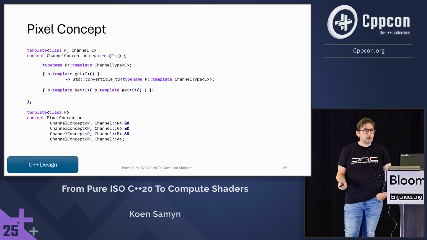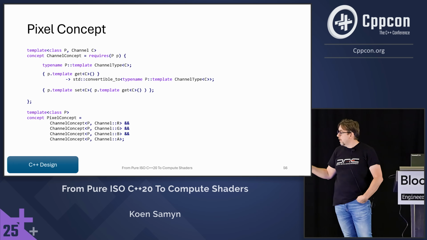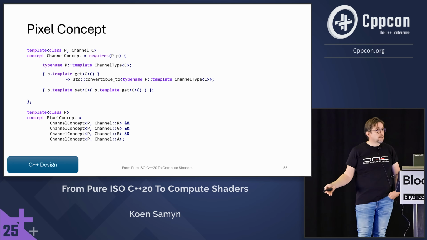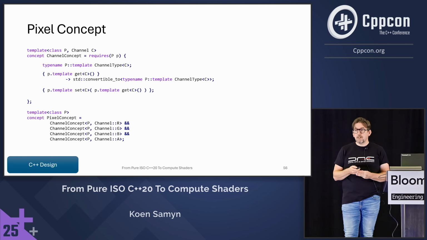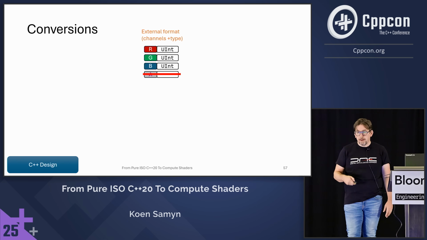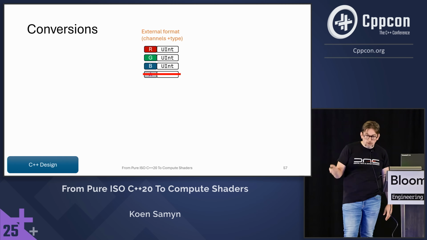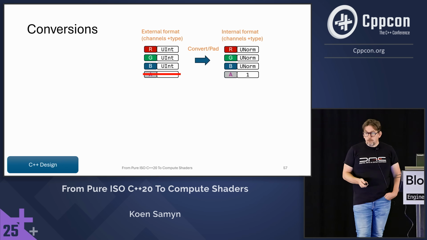And then you can make a simple pixel concept. If you have a pixel, it should support returning back channel information, right? So the pixel itself could be simple for the most simple types, but could also be something more complex.